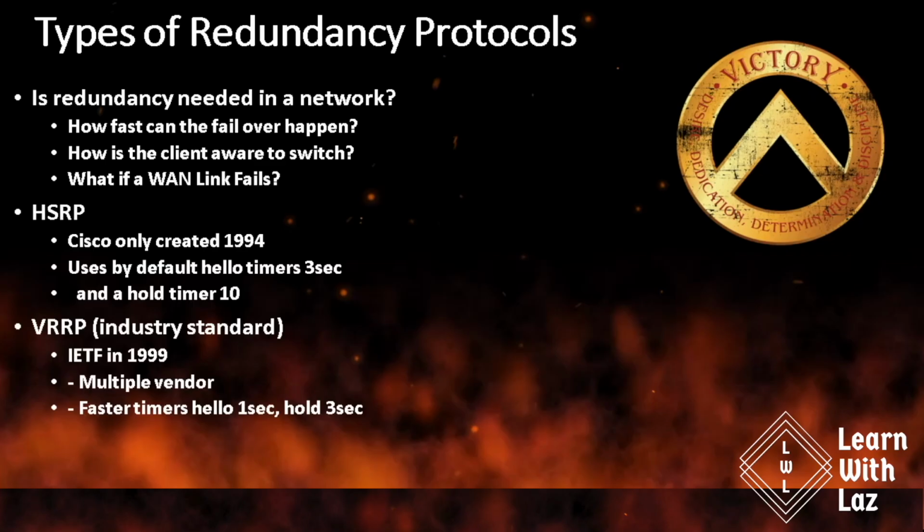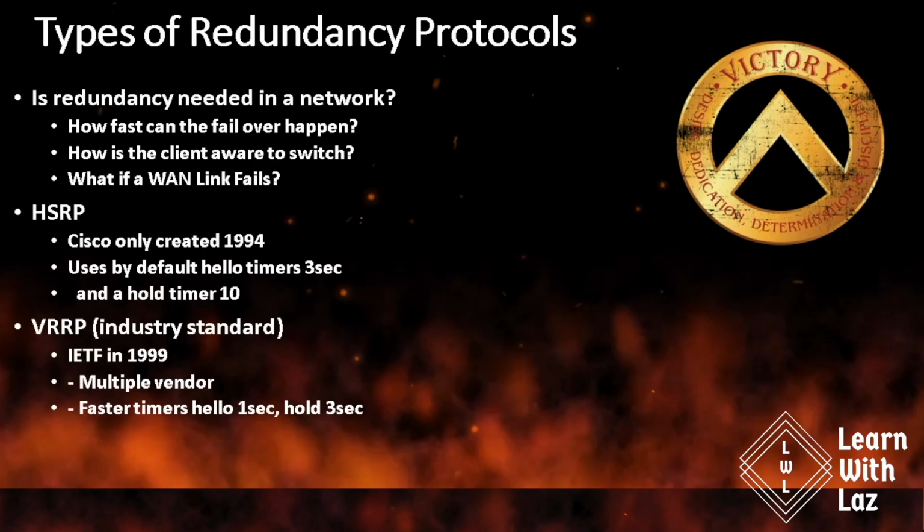You can track an interface, and if that interface goes down, the same thing will happen, where you'll go to the other side. It'll switch over to the other router to go that way. Hey, listen, you can get to my LAN, but you can't get to my WAN, so I'm going to send you back the other way, and then the other guy takes care of what they need to take care of. So these are things that these redundancy protocols offer.